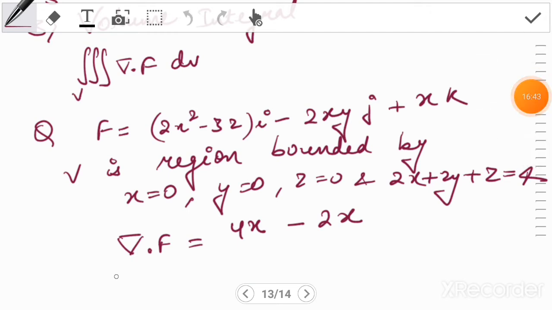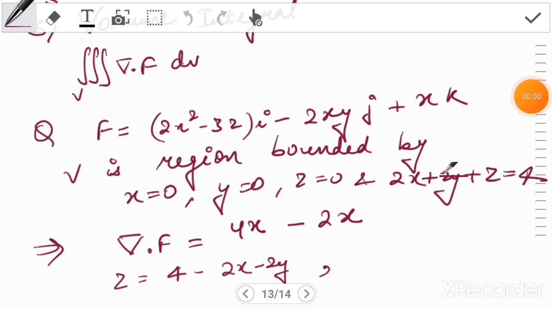Now let us find the limits of the variable. So z is equal to 4 minus 2x minus 2y. So in terms of x and y, z can be written as 4 minus 2x minus 2y.